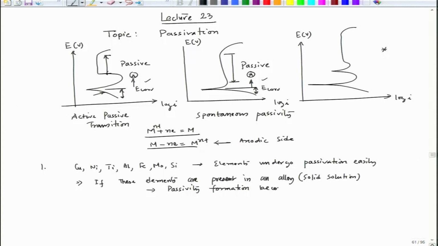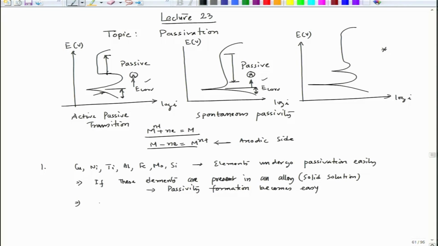So when we have these alloys, then we can have loss of chemical reactivity by drastic reduction.